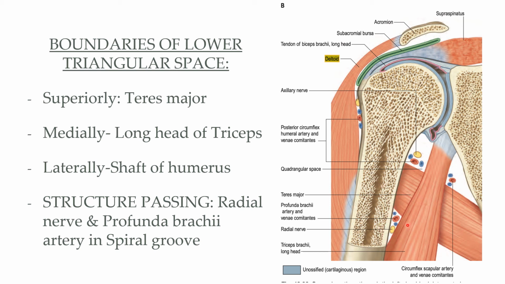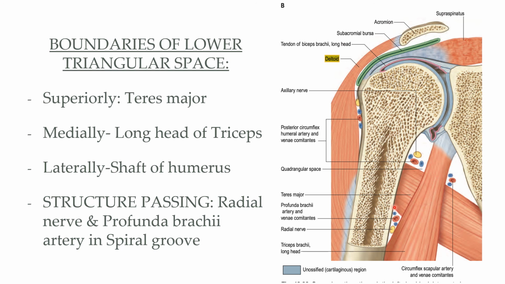So this triangle, let us now define the boundaries of this triangle, which is lower triangular space. It is bounded superiorly by teres major muscle, it is bounded laterally by the shaft of the humerus, and medially by long head of the triceps.